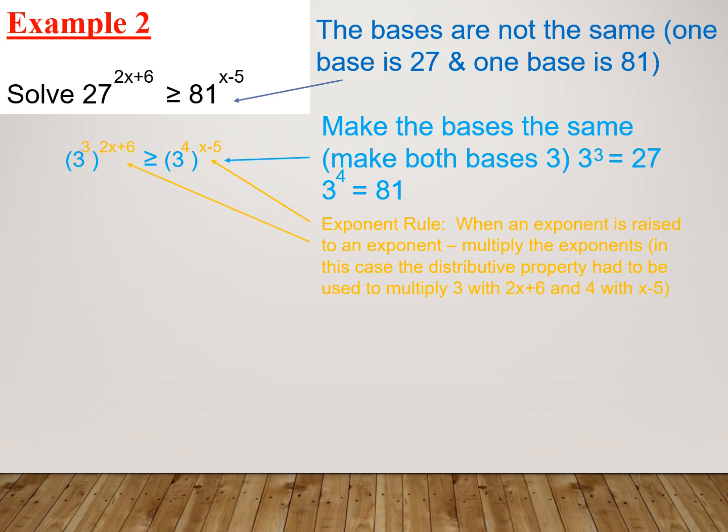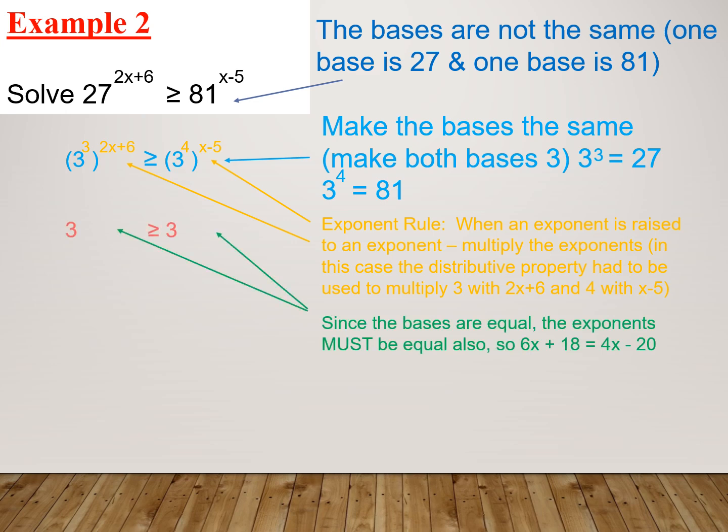Due to the exponent rule, we multiply them using the distributive property, which gives us 3 to the power of 6x plus 18 greater than or equal to 3 to the power of 4x minus 20.